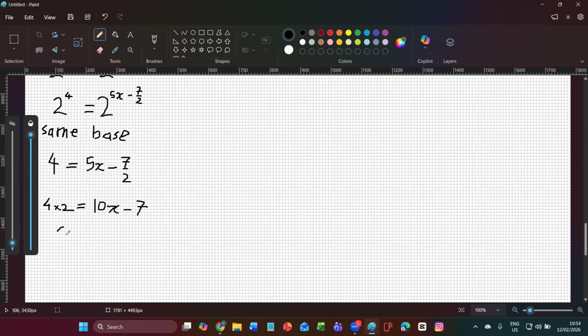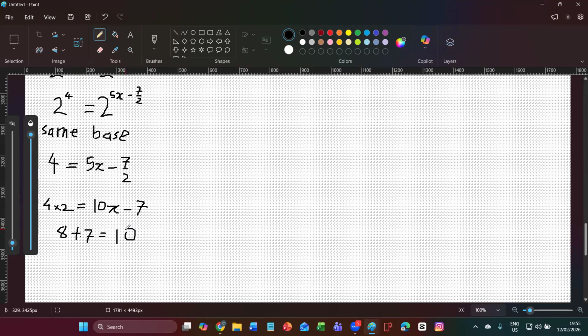So what we're left with, which makes it easier for us, is 8 equals, in fact, maybe we should just add the 7 at once and equate that to 10x.